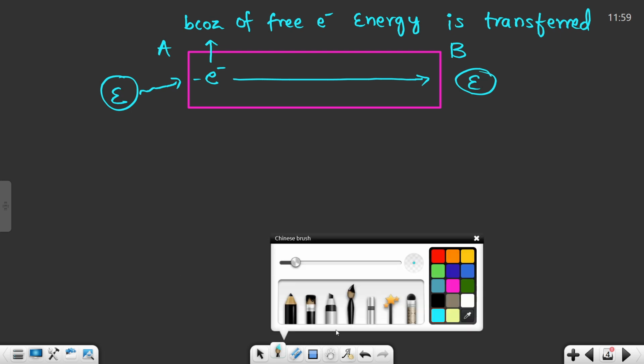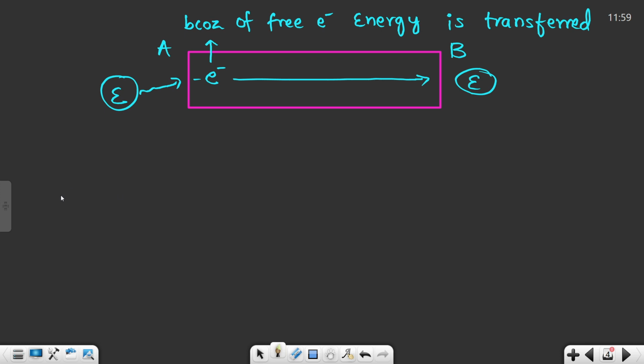So I'll just write this particular point.